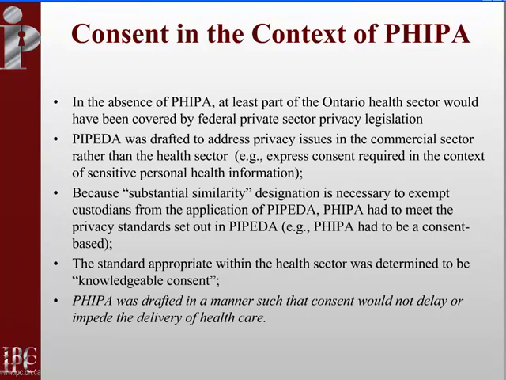And of course, in order to be declared substantially similar to the federal legislation, which was necessary to exclude custodians from the application of the federal legislation, PHIPA had to meet the consent requirements of the federal act. So it had to be consent-based, and the standard that was deemed to be appropriate for the healthcare sector was knowledgeable consent. So PHIPA was drafted quickly and in a manner such that the consent requirements would not delay or impede the delivery of healthcare.